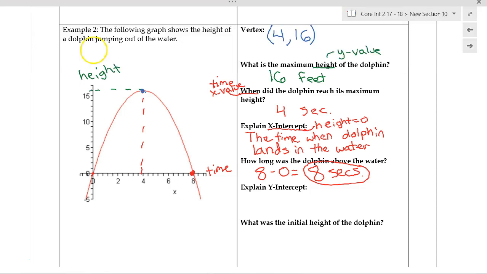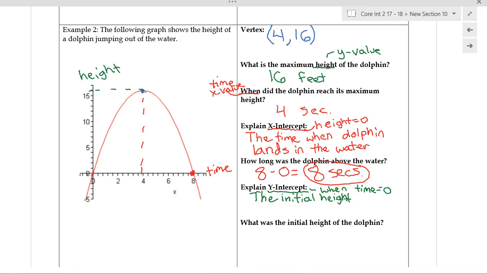Explain the y-intercept. Well, the y-intercept is when time equals 0. So it's the initial height. Remember again, initial just means at the beginning.